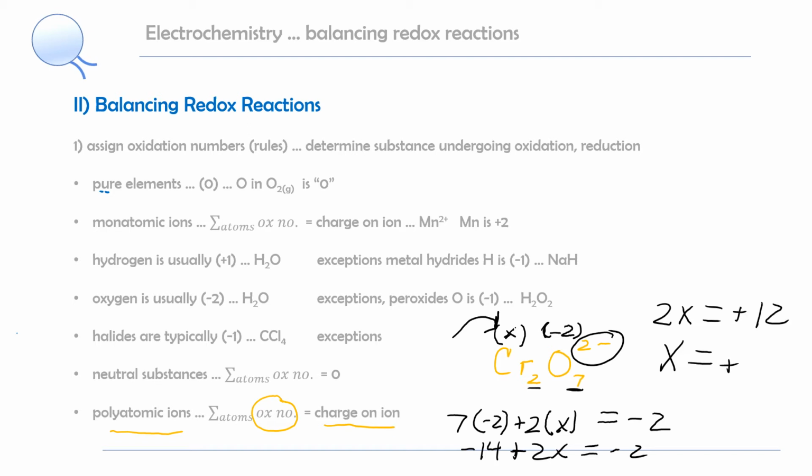X has to equal +6. There's the oxidation number of the chromium in the dichromate ion. So the oxidation number of the chromium is +6, and the oxidation number of the oxygen is -2. So that's how you do polyatomic ions.